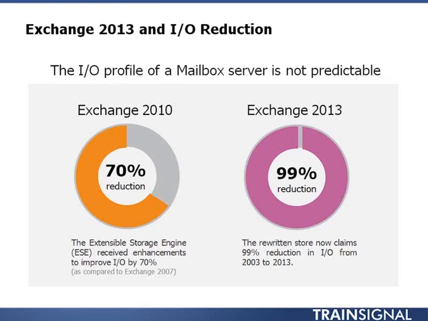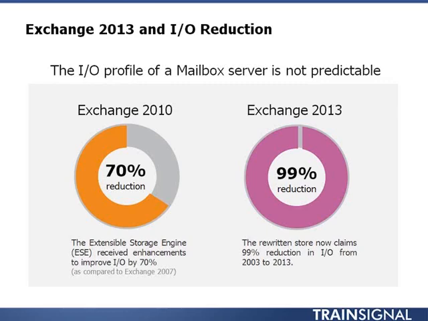So that's something to think about. There was a tremendous improvement already with Exchange 2010. Now the Exchange team is saying that there's another 50% IOPS reduction over Exchange 2010. So from Exchange 2010 to 2013, another 50% reduction is what's predicted here.